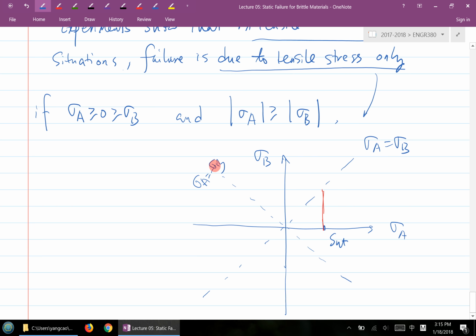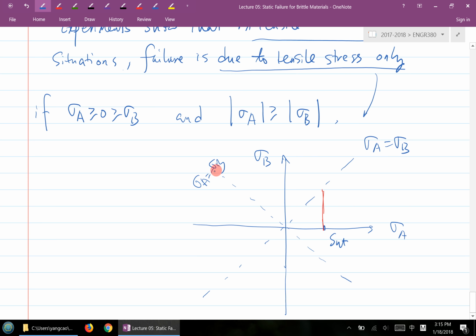The reason I'm drawing this line is so I can have a clear distinction of what we mean by tensile stress dominant in this quadrant. This is the line where the absolute values of sigma A and sigma B are the same.